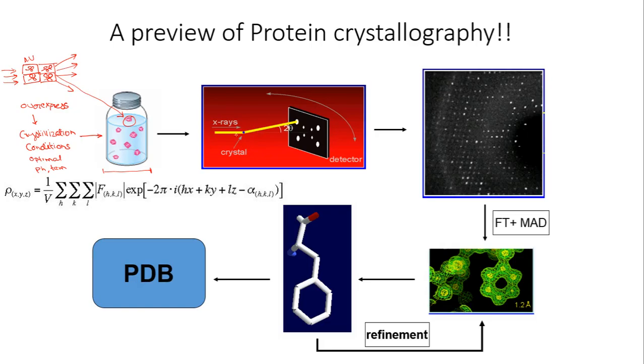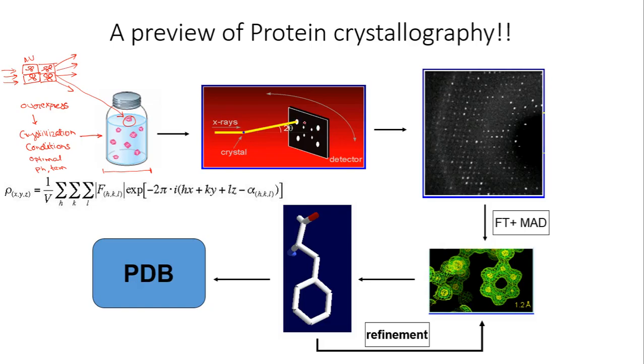Okay, so this is what would happen. If there is nothing, the X-rays would have passed linearly. But due to the presence of these electron densities in your protein molecule, the X-rays would diffract and create spots, which are also called reflections in crystallography.